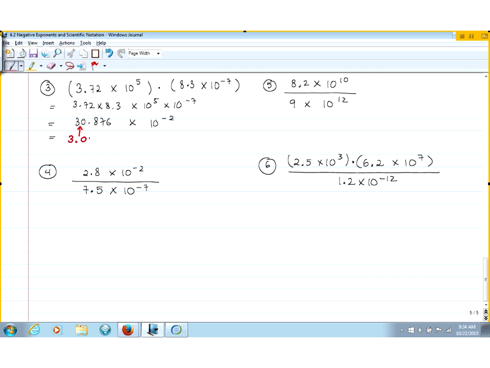Yeah. So it is 3.0876 times 10 to the what power? How many units do I move? 1? Okay. All right. So this 30.876 is replaced by this. And this is in scientific notation. Times 10 to the negative 2.